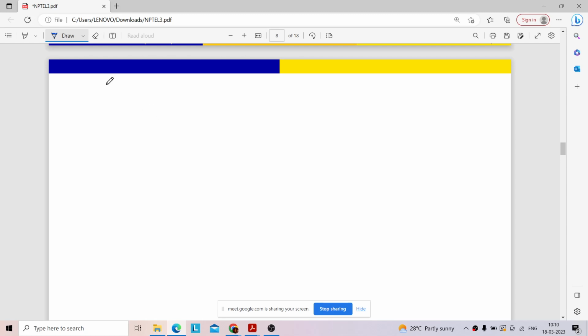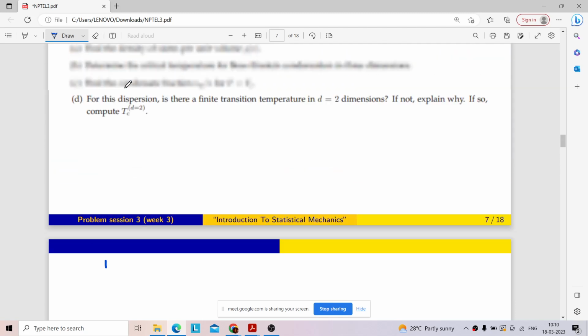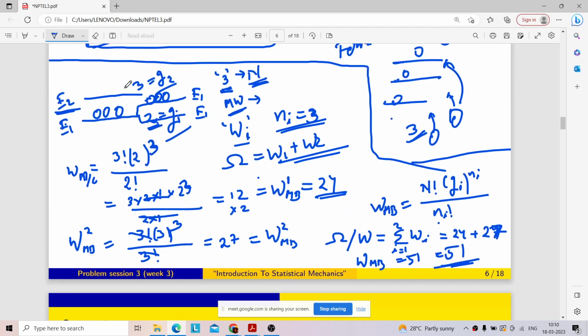Let's check. I have one doubt in it. When we calculate for W1, ni is 3, no? Since it is a classical gas, the denominator should be 3 factorial. Oh yeah, sorry, it's 3 factorial. My mistake. So we can cancel 3 here, then we have to divide the whole answer by 3.